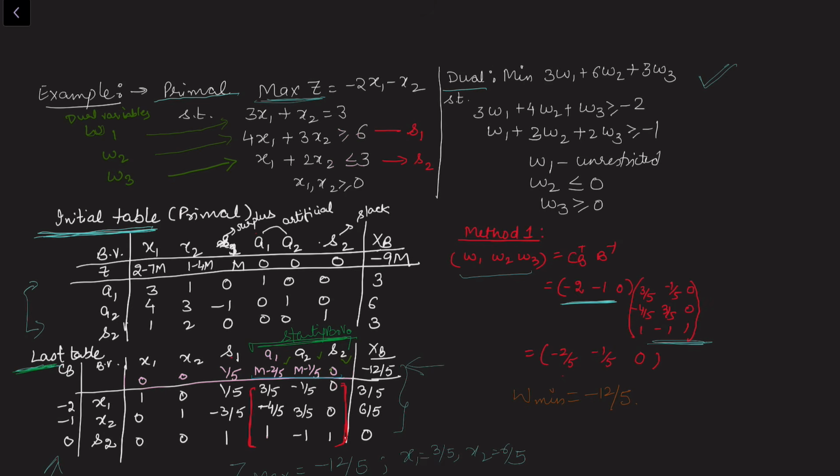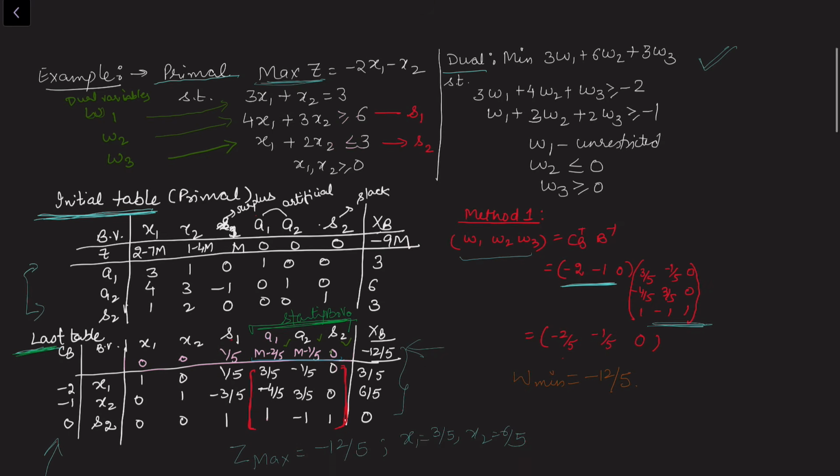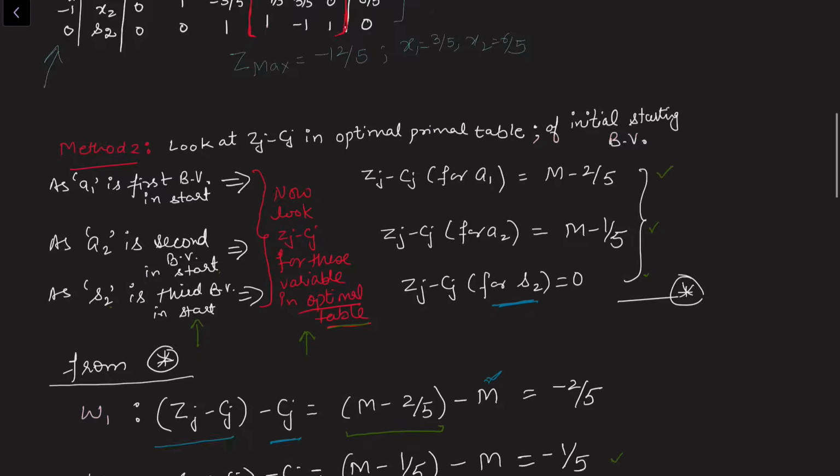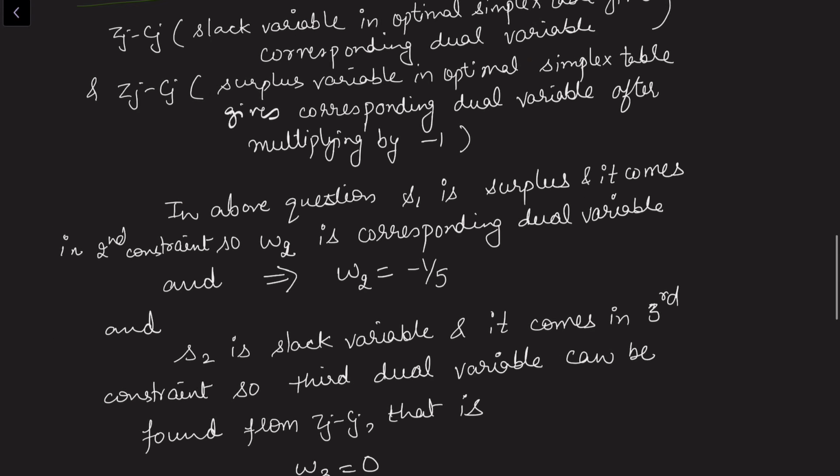If it is surplus, S1 is surplus, we need to multiply by a minus sign to get the value. As you can see in the above question, S1 is surplus and it appears in the second constraint. So W2 is -1 by 5, and W3 is equal to 0. That I've already discussed. This is because of the slack variable.